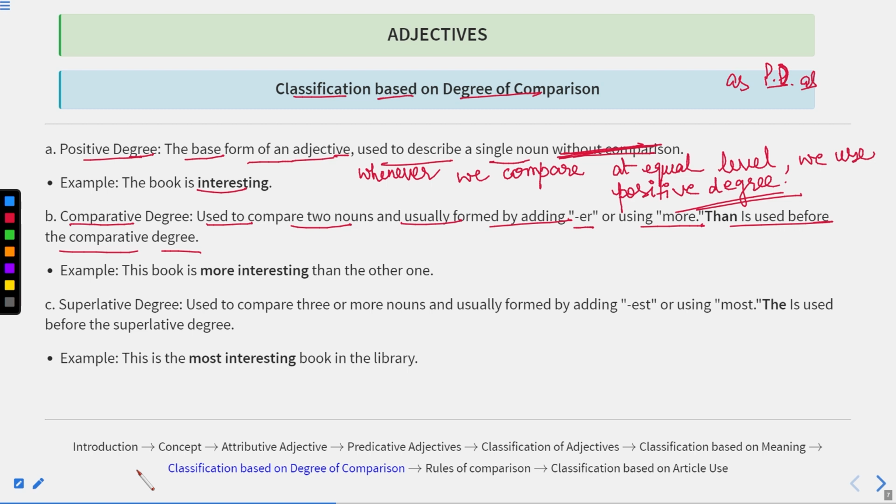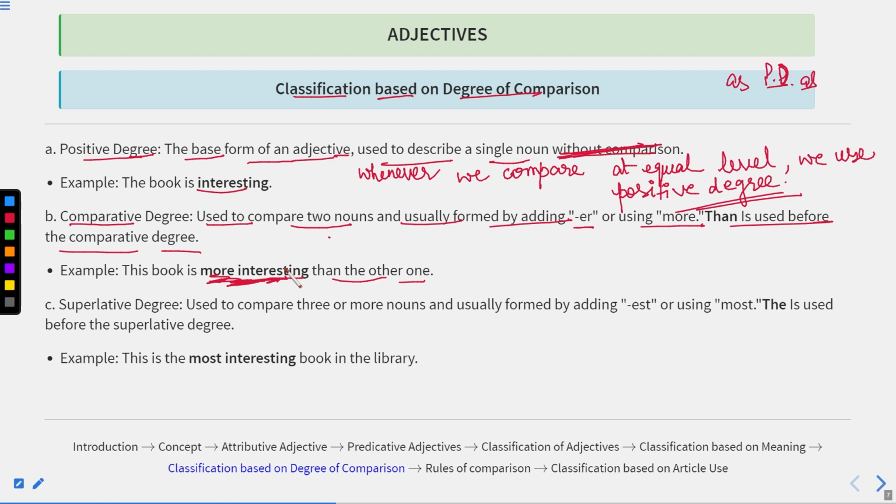Example: this book is more interesting than the other one. Now I'm using more interesting. Here I'm comparing two books where one book is more interesting than the other one. So I have used the word more before interesting to show the difference between the two.